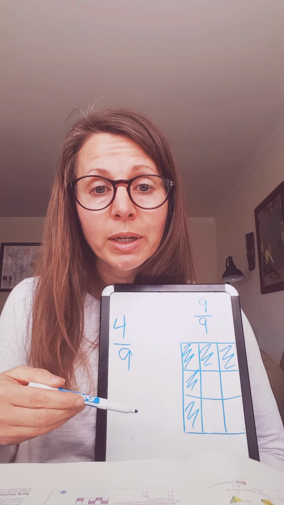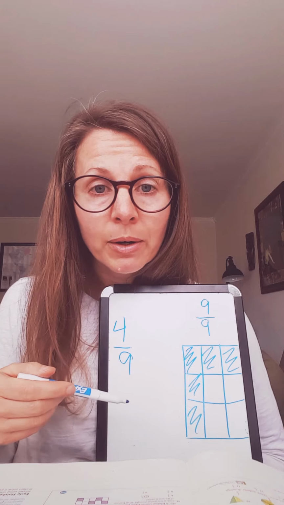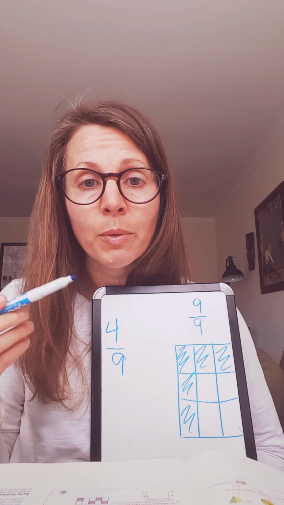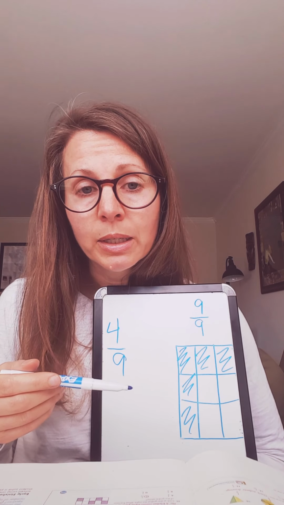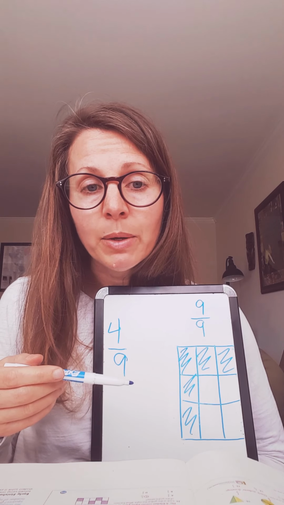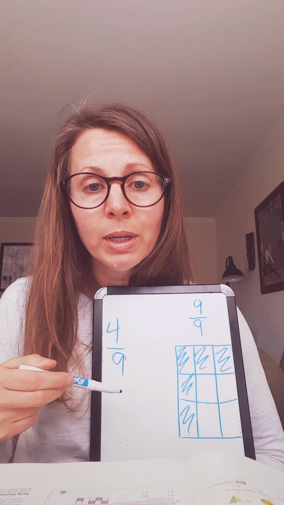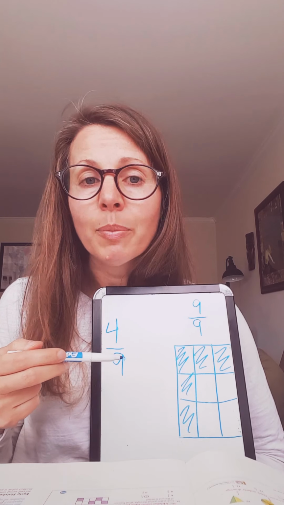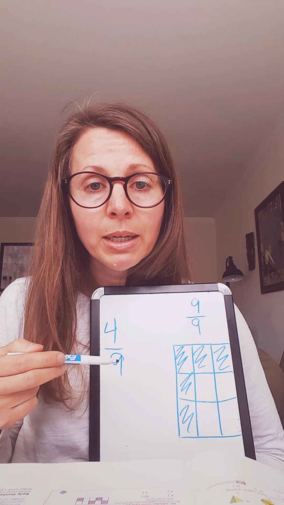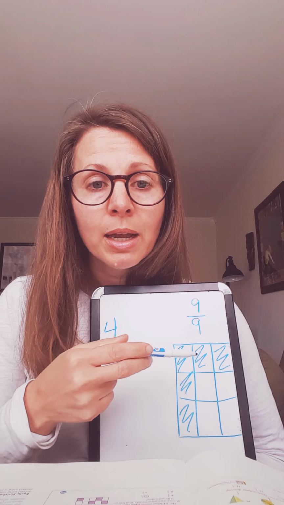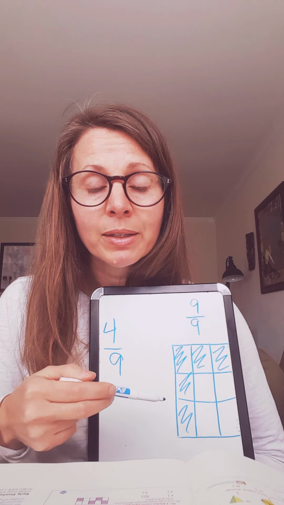Okay? All right. Now, what about the brownies that are left? What are we going to put in the denominator and what are we going to put in the numerator? I want you to try it on your own. How many will be in the bottom, the total number of pieces in the whole, and how many will be on top in the numerator, meaning how many are still here.